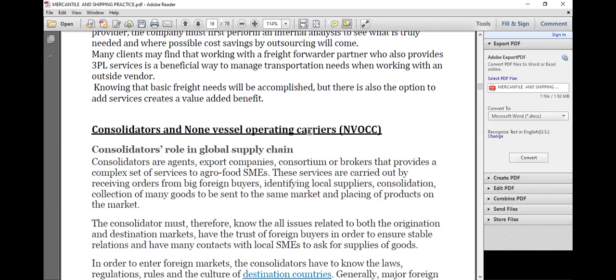The LCL containers do not go beyond the port of discharge, or the port of clearance. They remain there, because if three people have their cargo inside the same container and they are heading in different directions, one can say, I'm the one whose place is near, so let's start with my place first.